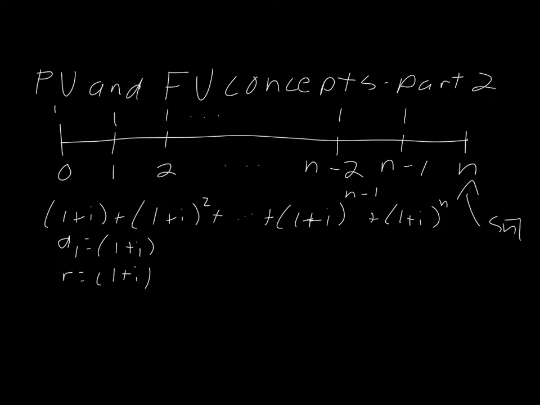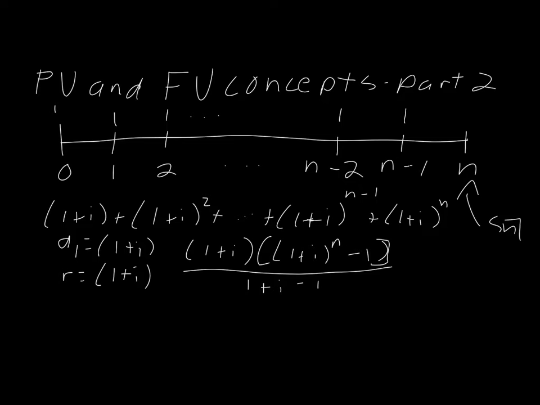And so what we have is 1 plus i times 1 plus i raised to the n minus 1, let me make that into a bracket there, all over 1 plus i minus 1.